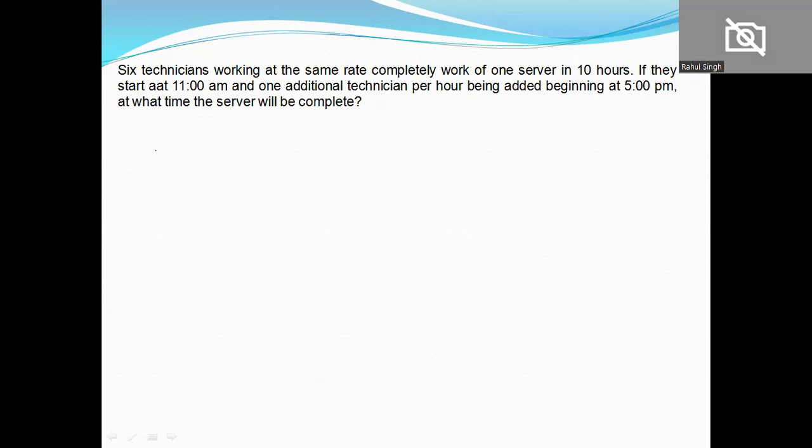Now 6 technicians, let's take it that every technician is capable of doing 1 unit of work in 1 hour. So one technician is doing 1 unit of work in 1 hour.